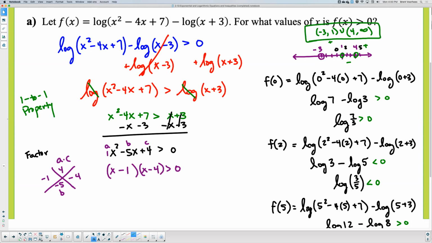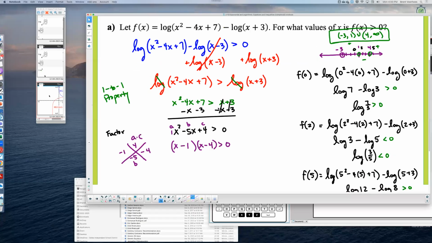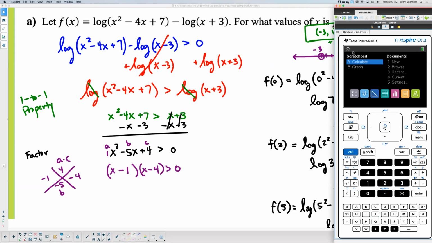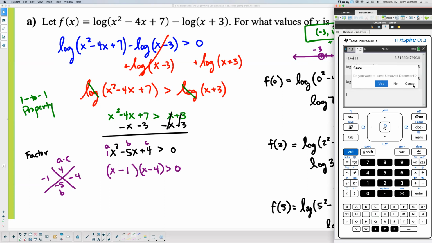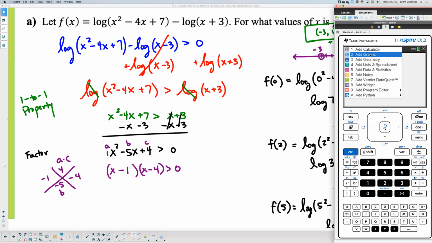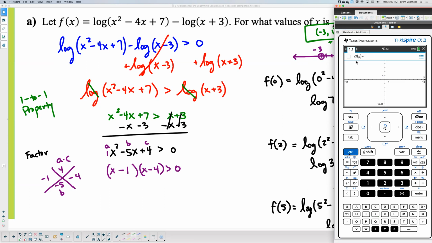So now let's graph this and make sure that our graph agrees. So let me open up my graph here. I'll go new document. Graph. We have the log. And this is the easy way of doing this problem from the get-go. Log of x squared minus 4x plus 7 minus the log of x plus 3.